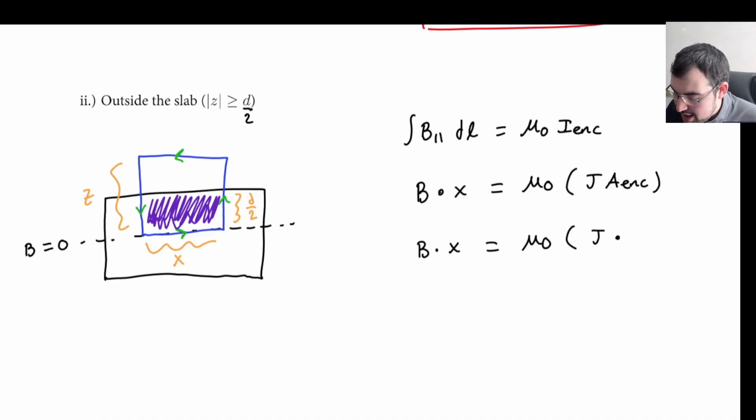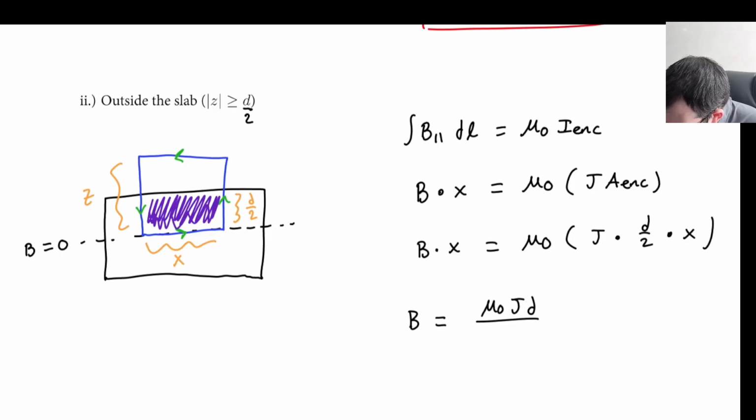So I'm not enclosing a variable length of my area. It's going to be a constant D over 2, because no matter how high I am above this slab, I'm not enclosing more current than I was before. So D over 2 is my dimension one way, and X is the other way. So the X, of course, cancels. So we get B is mu naught JD over 2, which is a constant.